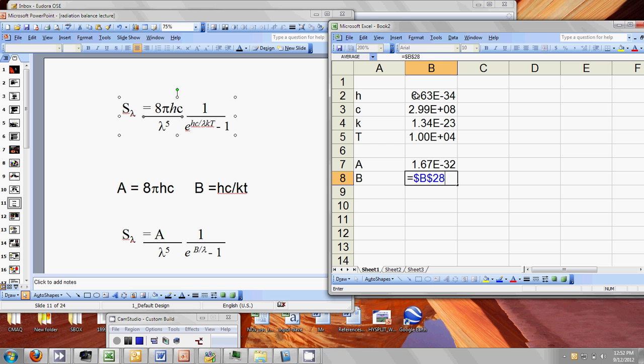F4 times C F4. So we want this bracketed so that it is taking both numbers and then dividing by a new bracket, and we want to divide by KT, so K F4 times temperature F4 bracket.